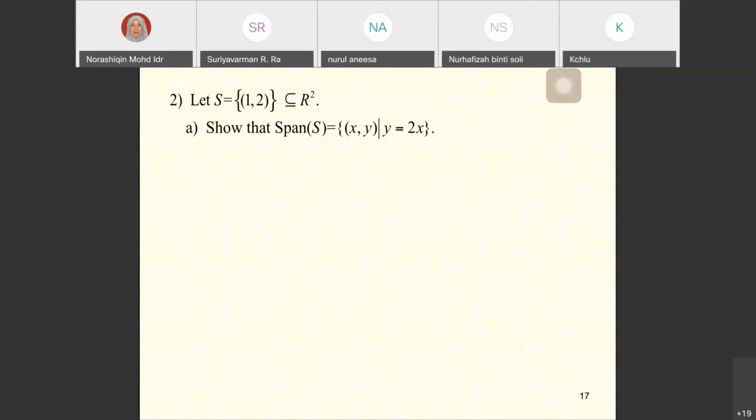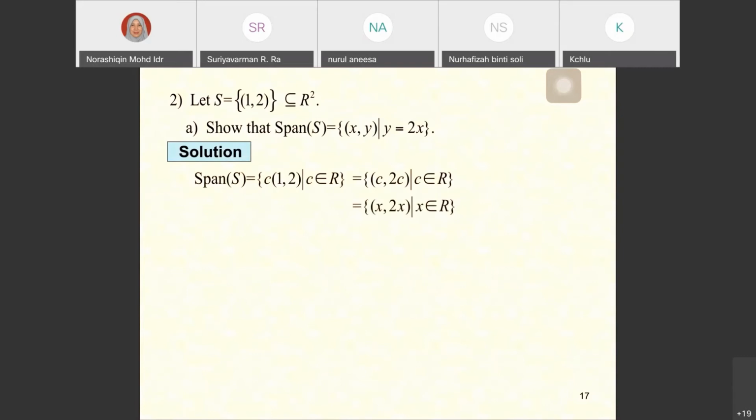So we have c times (1, 2). Multiply it, we have (c, 2c). If we put x as c, we have x. In other words, all coordinates of y are in the form of 2 times the coordinate of x.